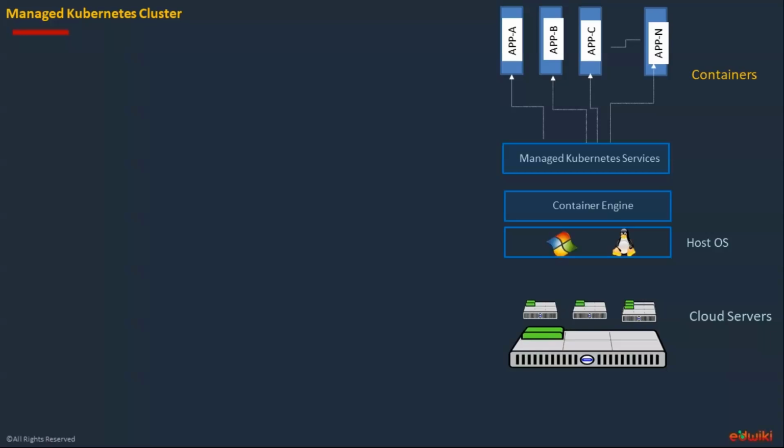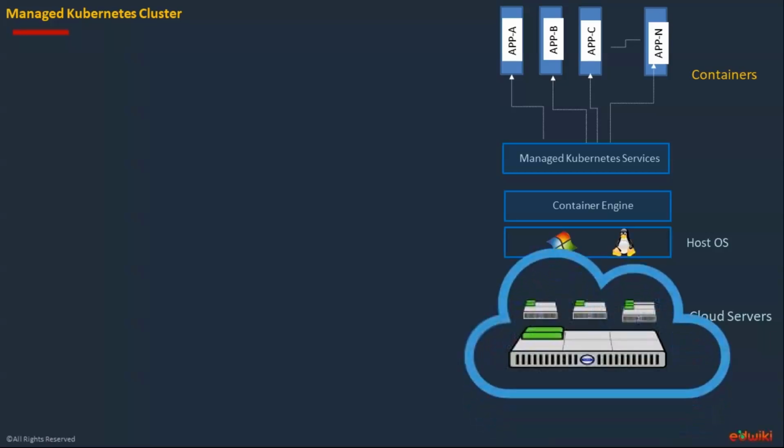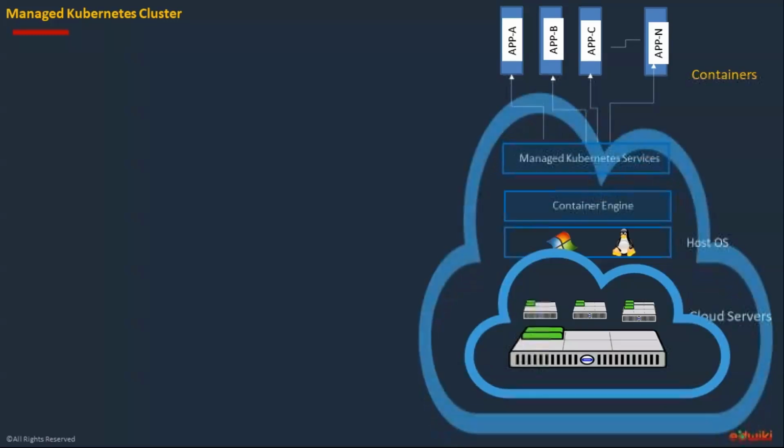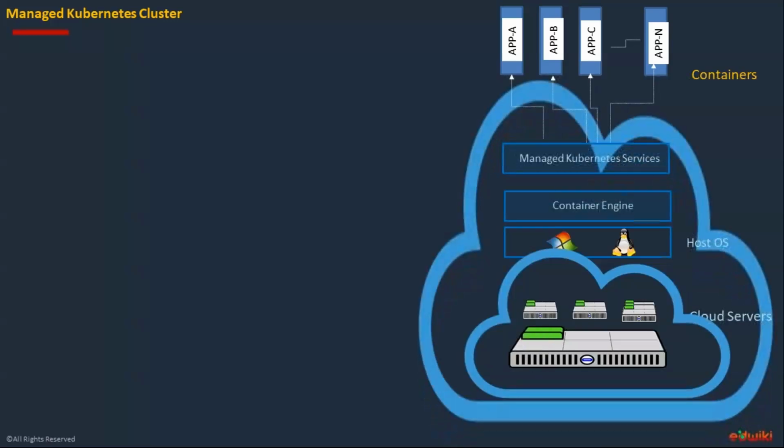So if this is a managed Kubernetes cluster, it means that not only the servers, which as of today you are getting as EC2 instances from AWS, right? Not only the servers, you are getting the whole Kubernetes itself as a service model. So you don't need to create EC2 instances manually. You don't need to install the Kubernetes packages manually. You don't need to bring up the services. You don't need to set up any of the networking related things. Nothing.